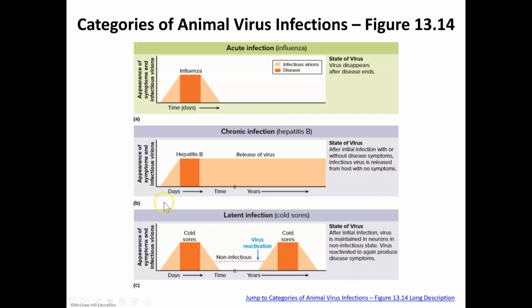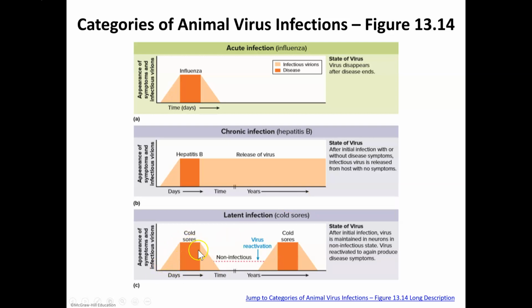So here we see hepatitis B as a chronic infection. It's always contagious, but it doesn't always cause problems for the individual, but the individual can pass on the disease. A latent infection is something like cold sores, the herpes virus.